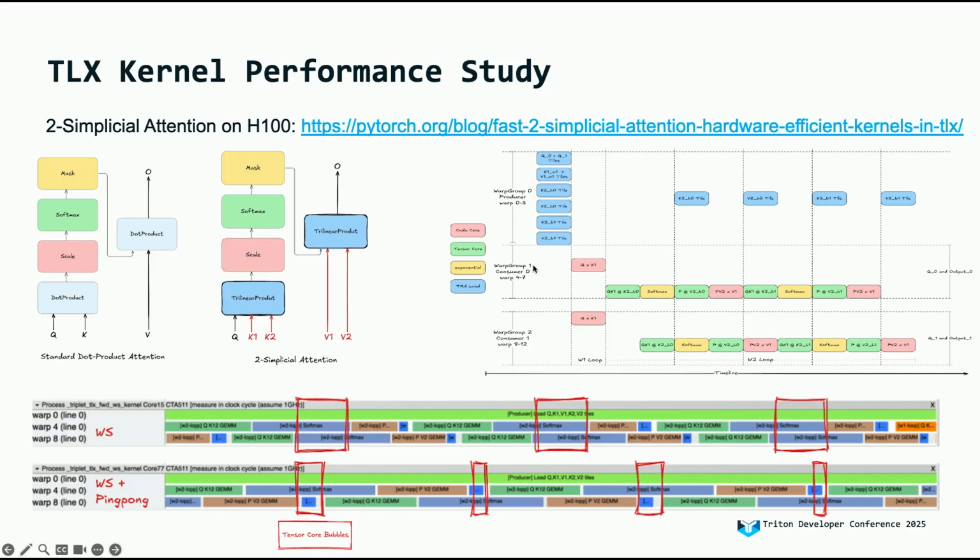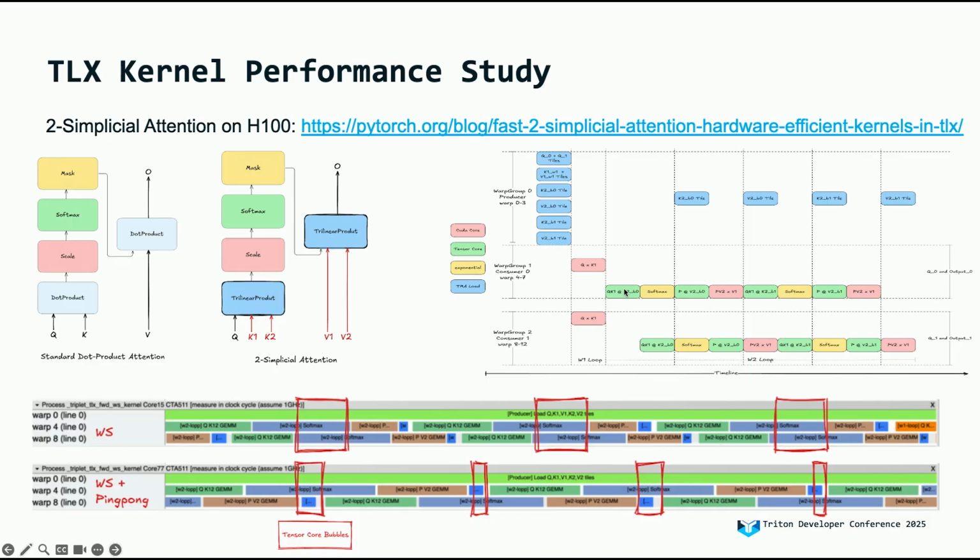And then we allocate two parallel cooperative consumers that handle all the math here. The math is going to be the tensor core math and the CUDA core math, and also the exponential thing on the SFU unit. The goal here is to have the MMA op continuously taking the tensor core pipeline and overlapping with all of the rest of the operations.